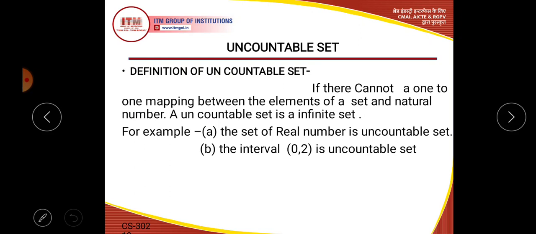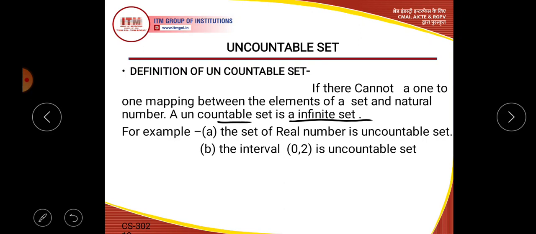Now come to uncountable set. If there cannot be a one-to-one mapping between the set of elements and the natural numbers, then in that case we can say it's an uncountable set. An uncountable set is an infinite set.